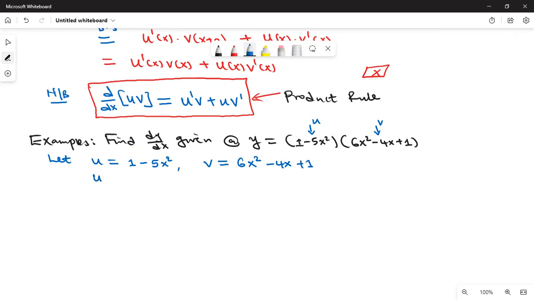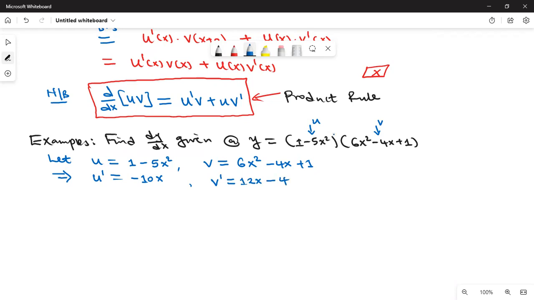So we need to get u prime. So this implies that u prime, now here we are going to use the power rule of differentiation. That will give us negative 10x when you differentiate it, because the derivative of 1 is 0, since 1 is a constant term. Then you differentiate negative 5x squared to get negative 10x. And then v prime should give us 12x, using the power rule, minus 4.